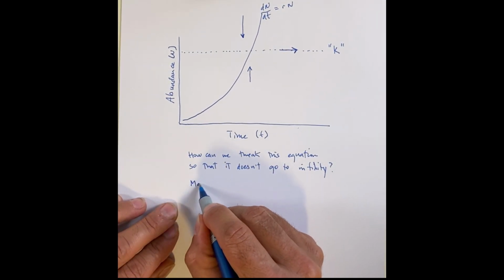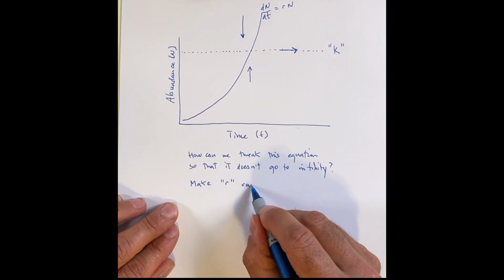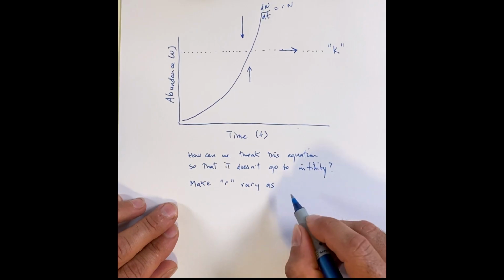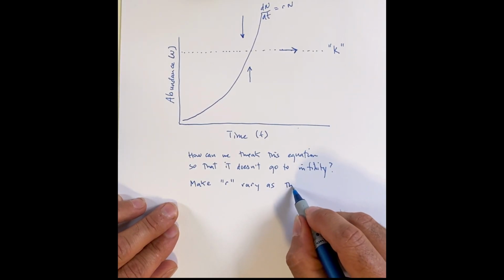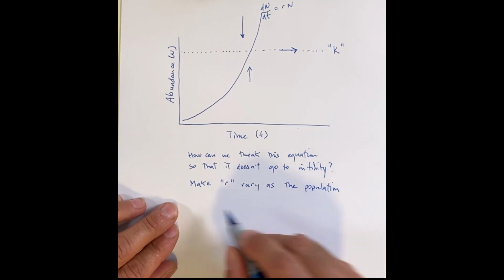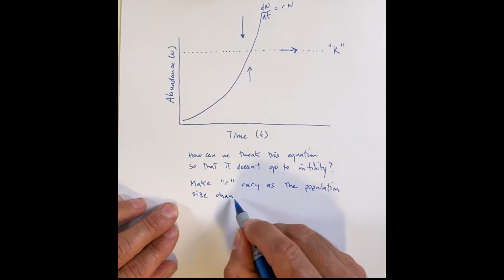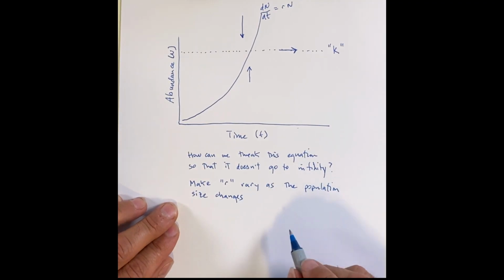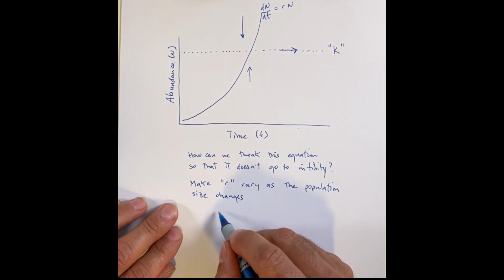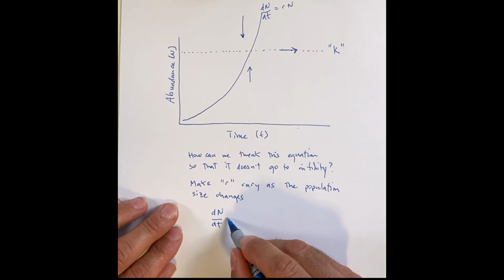So this basically has the effect of changing that intrinsic rate of increase as a function of the population size. So populations that are far away from K are going to grow quickly, but populations that are near K are going to grow slowly, and populations that are right at K are going to grow not at all. And the opposite happens when you're above that number. They decrease until you get to K.